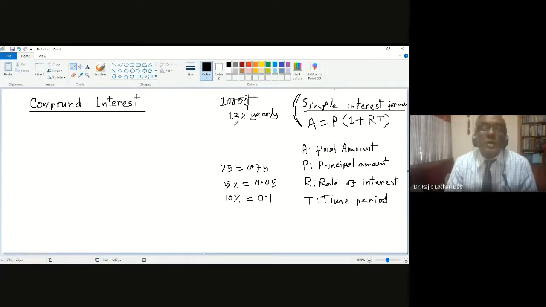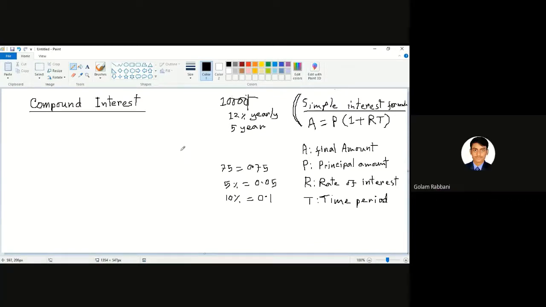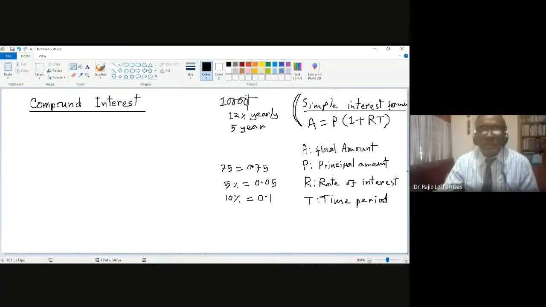If you invest for 5 years, every year you will get the interest in the same way. So 1 year interest will be 12% of 10,000, what amount? Sir, 1200.